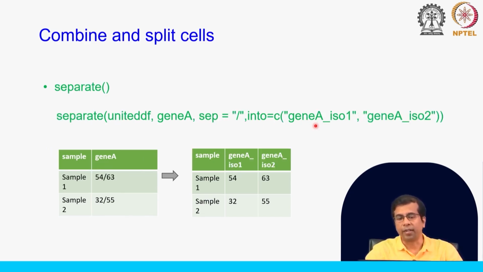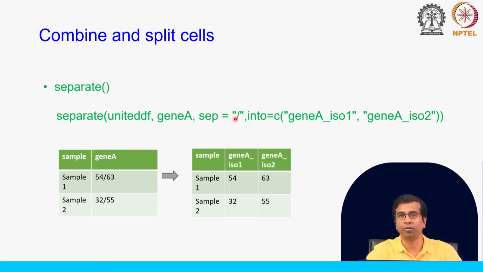We can split cells as well, right. So, let us imagine we are now working with that combined data and the command is separate. So, this is how separate works. Separate the united data frame or the united table that we had created in the last step. The column that you would want to separate is gene A, followed by the separator or sep, right.